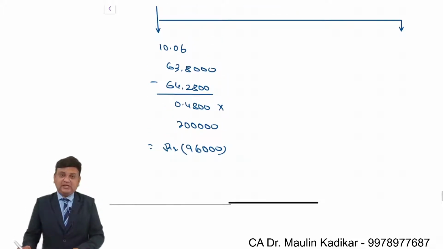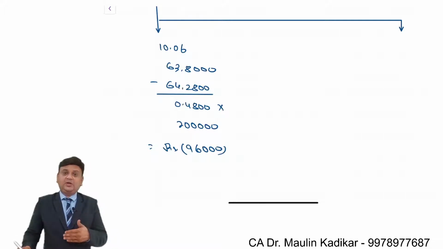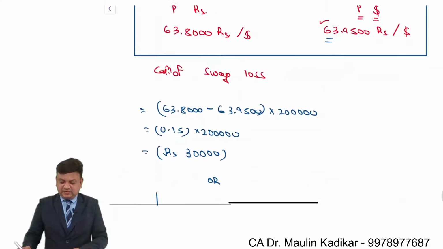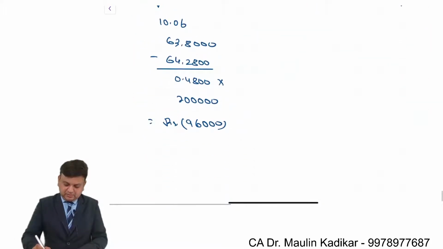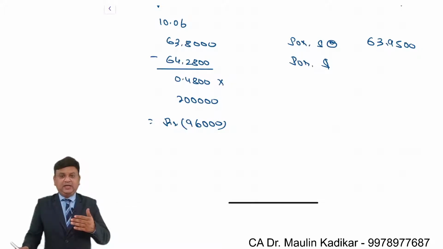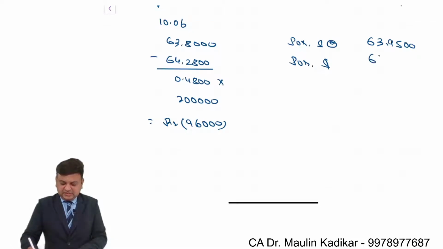Okay, now understand carefully. We know that we have entered into the earliest forward contract. Why? Because at any point of time the customer can come. What is the price at which we have entered into the contract? 63.95. So purchasing dollar at the rate of 63.95. If the extension had not taken place, then in that case we would have purchased it at 64.28.